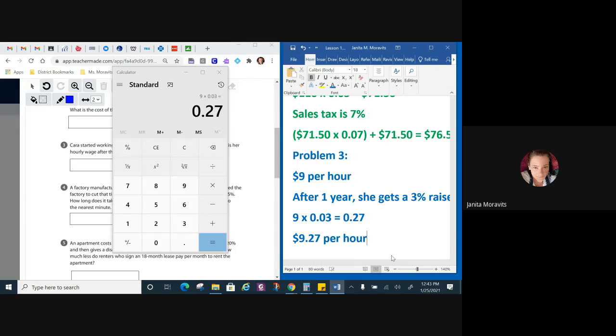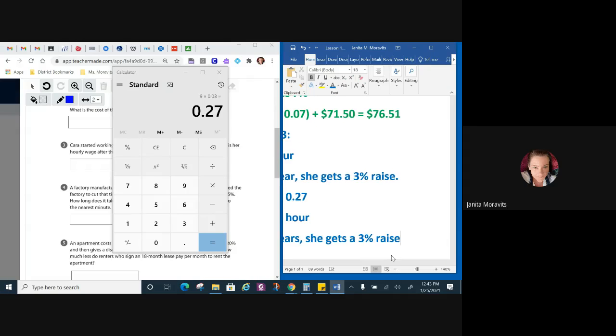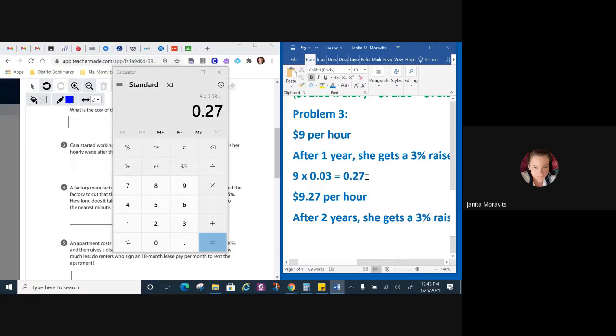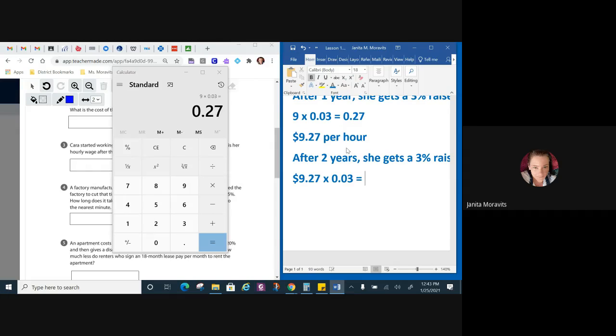Now, after 2 years, for the second year, she gets another 3% raise on that. So we're going to take our $9.27. We're going to multiply it again times 0.03 and find out how much of a raise she got right there. So we've got $9.27 times 0.03.